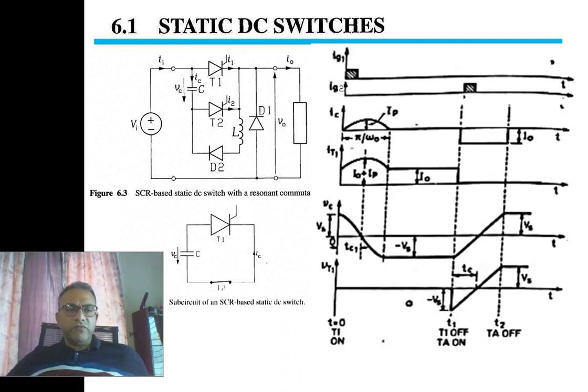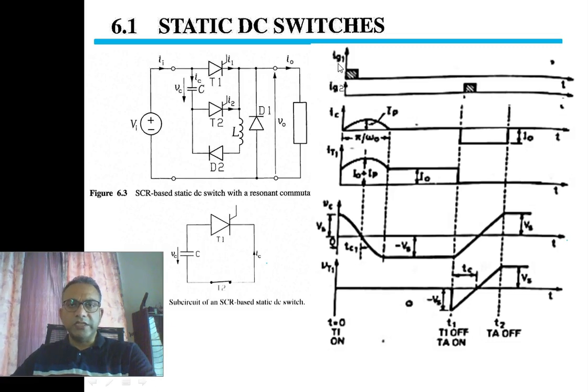The waveforms are also available in the textbook, but I found that these waveforms are much easier to follow, and they can clarify many more concepts. You will find these waveforms in the handout that will be available. So let us look at the component waveforms available in this diagram.